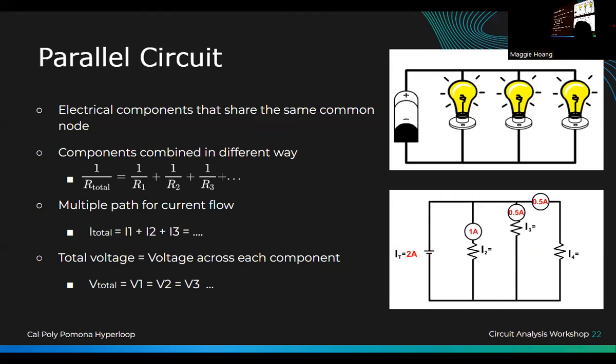Oh, I guess a good reason: why would you use parallel versus series? Has anyone ever had Christmas lights and then one of them broke and then all of a sudden all of them break or don't work anymore, right? Typically it's because one of them broke, and Christmas lights are usually in series.